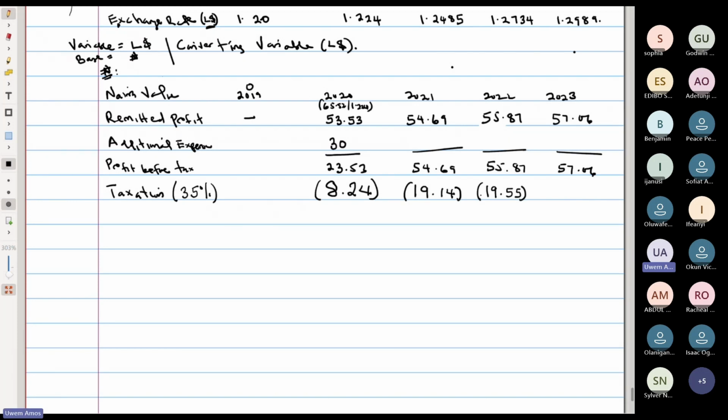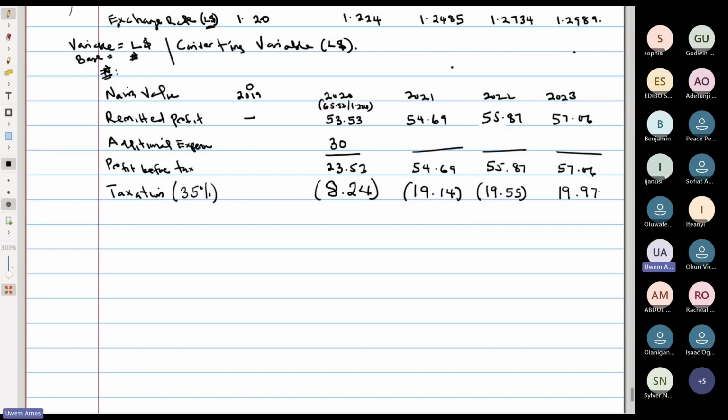Finally, 57.06 multiplied by 0.35 gives us 19.97.